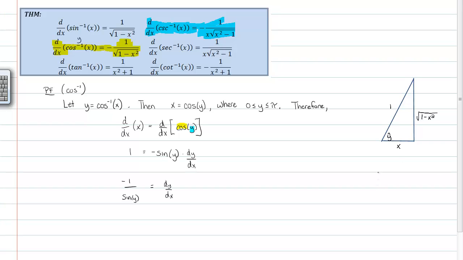x squared. And now we should probably mention pretty quickly here, let me draw a set of axes, just a really fast set, that our angle y is either going to terminate in quadrant 1 or in quadrant 2. So this angle is either a quadrant 1 angle or a quadrant 2 angle. That's what we said right here.